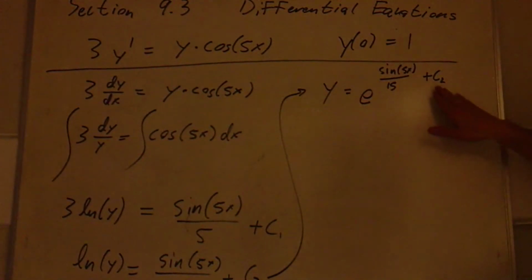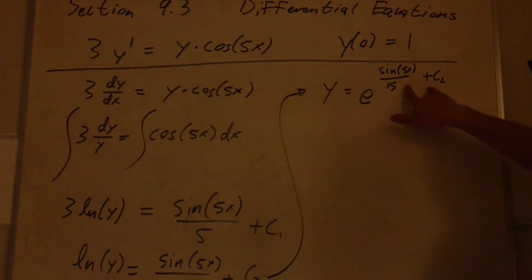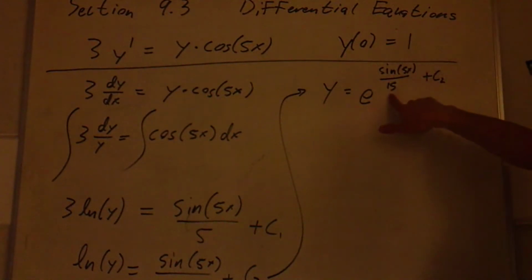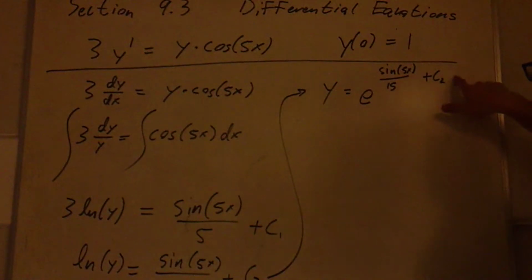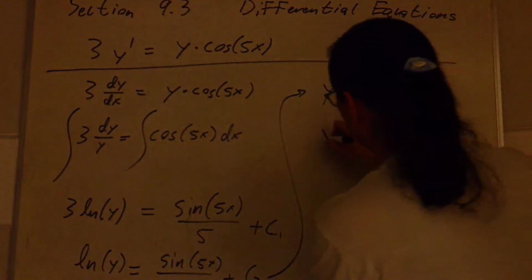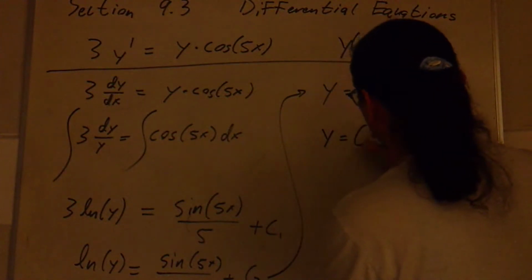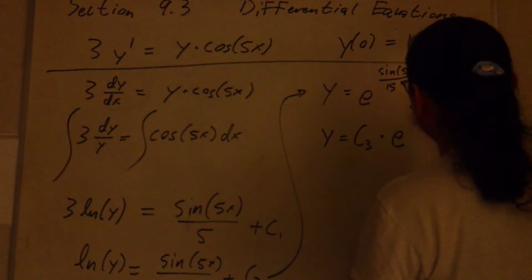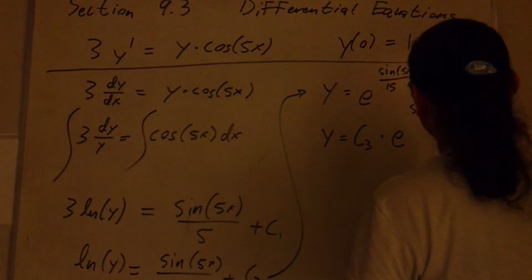And as we have done in previous videos, this addition inside the exponent can be split into two exponents, e to the sine 5x over 15 times e to the c2. And e to the c2 is just yet another arbitrary constant. So I'll call that c3, e to the sine of 5x over 15.